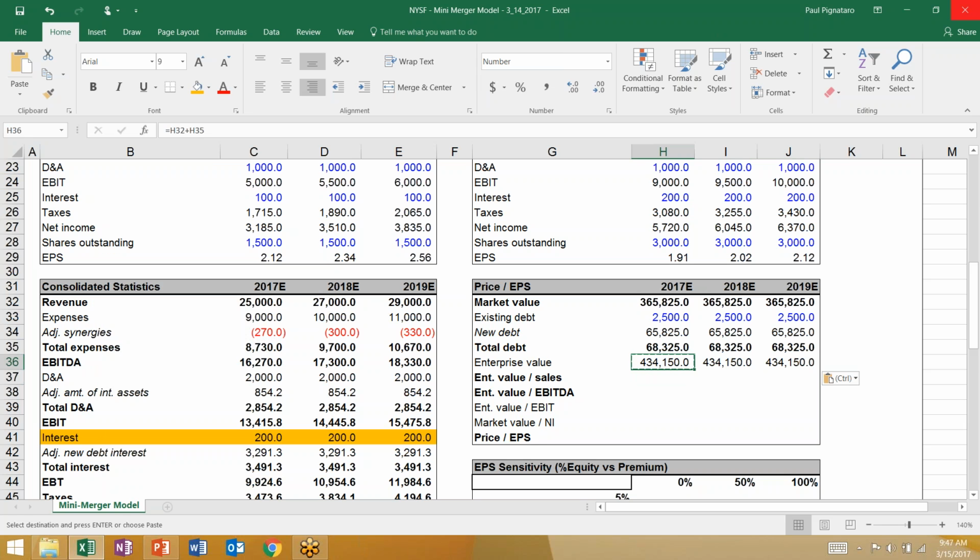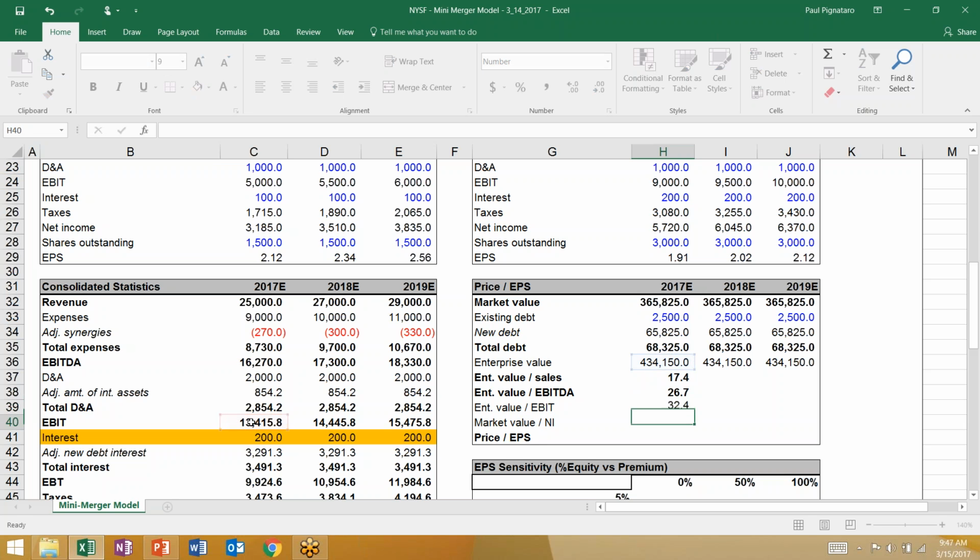And with that enterprise value, we can calculate the underlying metrics. Okay? So we could take enterprise value and divide it by sales. We could take enterprise value divided by EBITDA. This is just straight making multiples, making metrics.